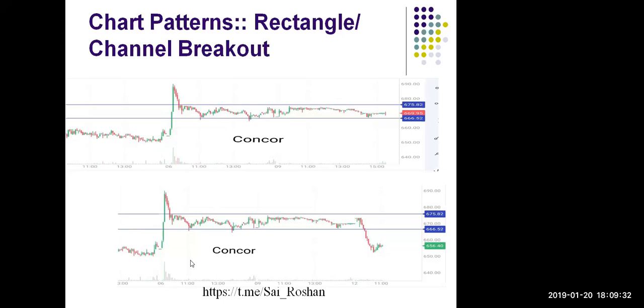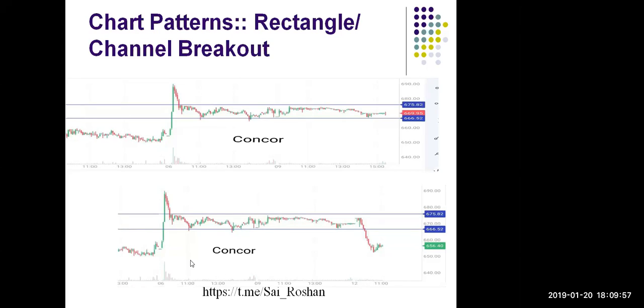Anyway, this is called a rectangle or channel breakout. This was one of the ones which we have posted in our channel. Now you could see the top one is what was happening. We could realize that it was moving in a fixed range, possibly 669 to 675, maybe a 1 to 1.5% range.